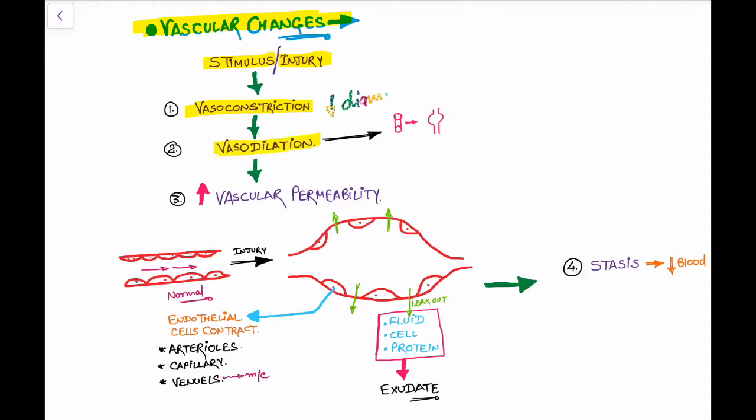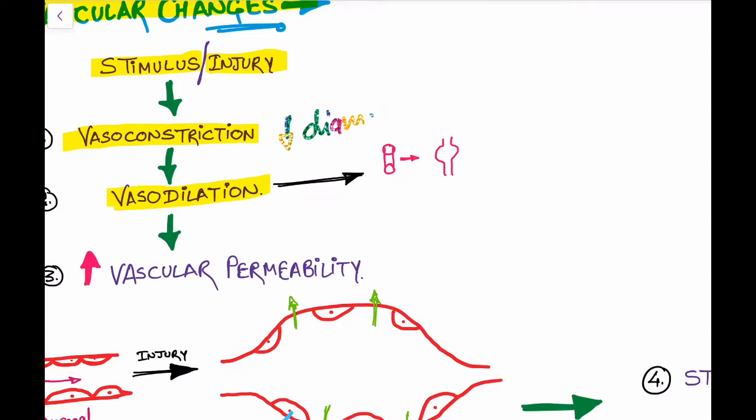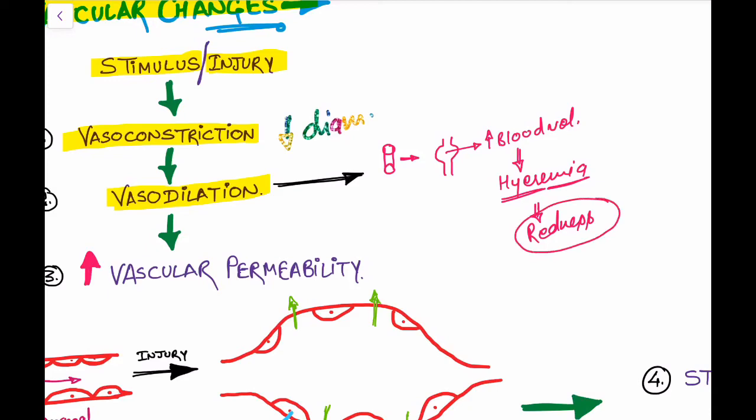Inside the vasodilation, our blood vessels increase in size, and so it will cause an increase in blood volume at one place. That increase in blood volume leads to hyperemia. Hyper means increase, emia means blood. So it will lead to redness, which is one of the cardinal signs we already discussed.